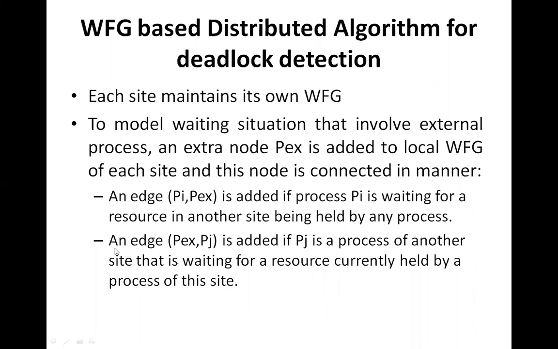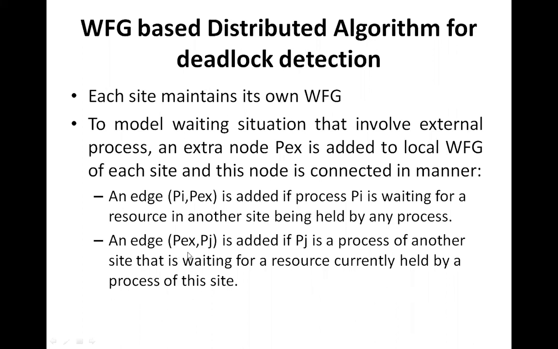The second point says that we have to add an edge PEX to Pj. This edge is added if Pj is a process of another site and is waiting for a resource currently held by a process of this site.